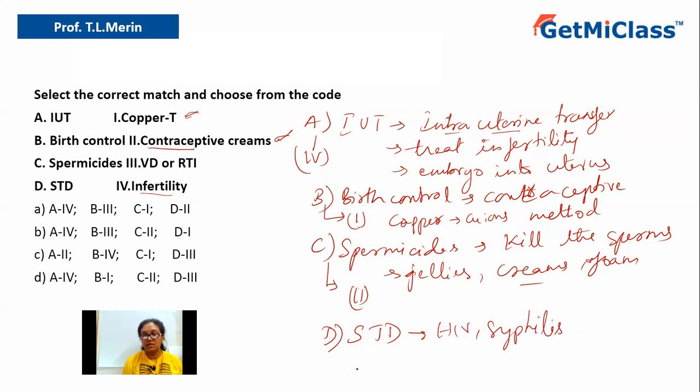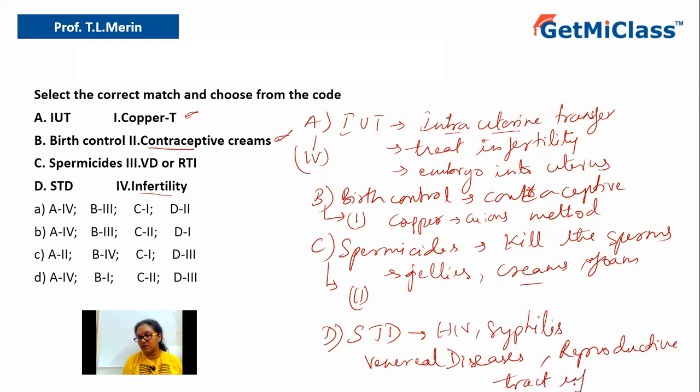These sexually transmitted diseases are also called venereal diseases, or VD, or you can also call it reproductive tract infection, that is nothing but RTI. So you can say that STD can go well with the third option, which is VD and RTI. So D will go with the third one. So A is 4, B is 1, C is 2, D is 3.